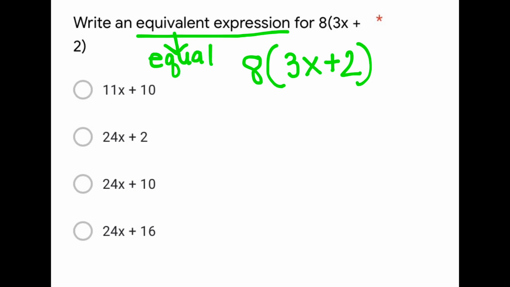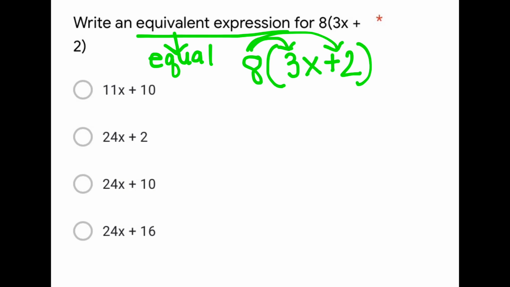We see that word equal is kind of in equivalent. In order to find an equivalent expression, we need to do the distributive property, where we distribute the 8 to both our term 3x and our term 2.